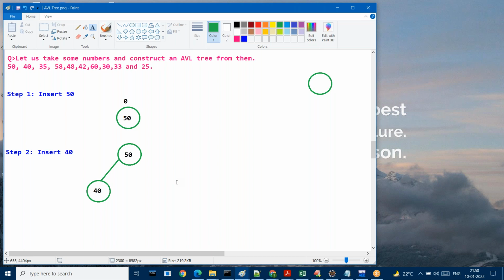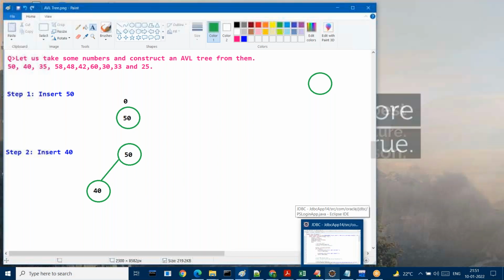I will not calculate for the other fellows. It's not like you will start calculating from the root. No. Balance factor calculation will start from the newly inserted node to the root node. And if any node is lost, I will stop.